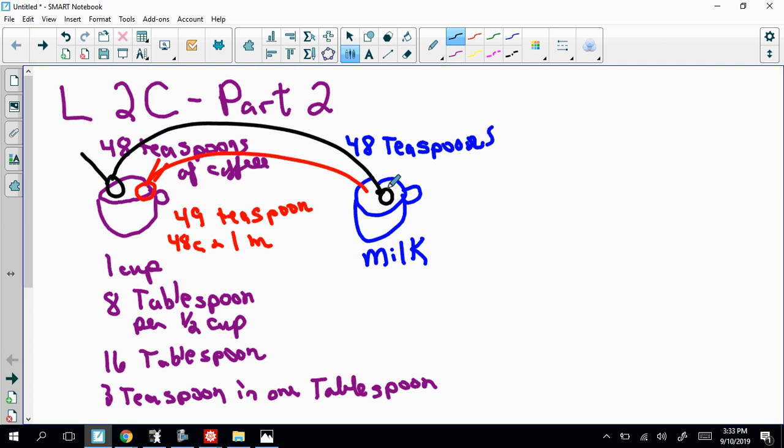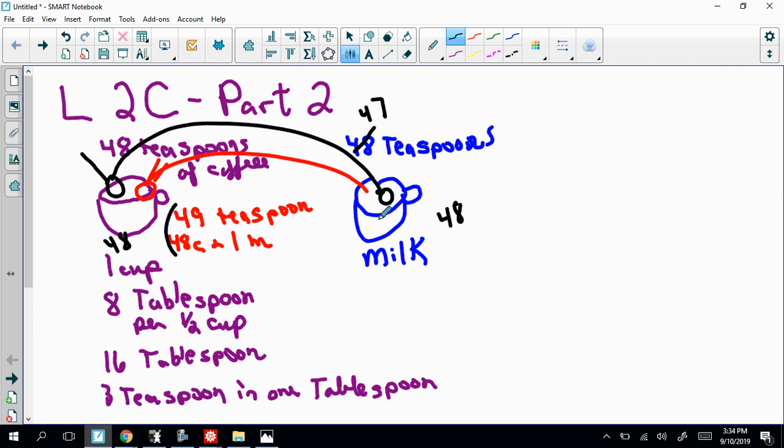It's kind of hard to explain, but when I was trying to solve the problem straight up, 48 parts coffee, 1 part milk, and you take a teaspoon of that and put it back in here, you know that there were 47, and now there's 48 teaspoons in each.